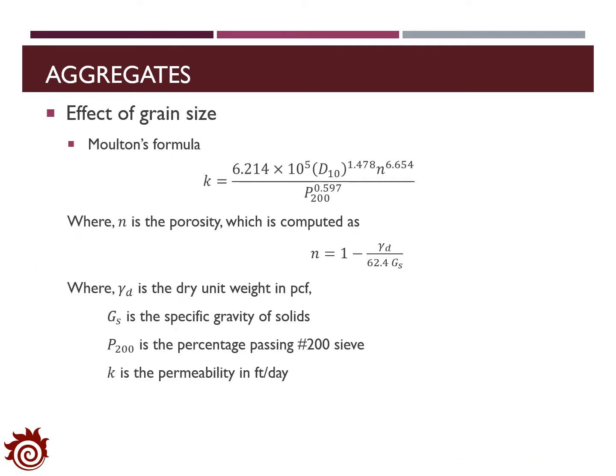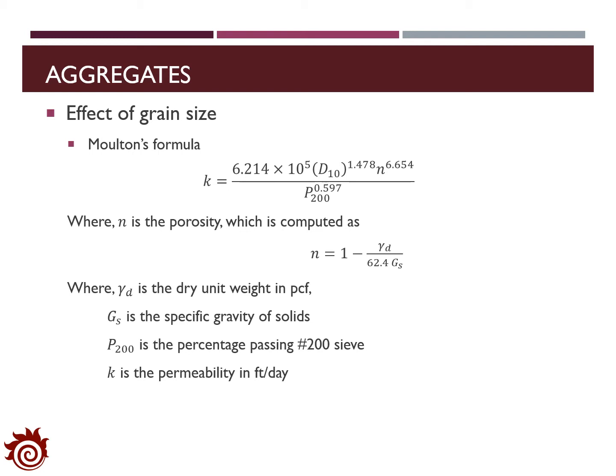There's another formula, Hudson's formula, to describe the relationship between the permeability and the effective grain size. This formula is usually applied for granular drainage and filter materials. The formula here shows the relationship. Basically, K is a function of D10, n, and P200.